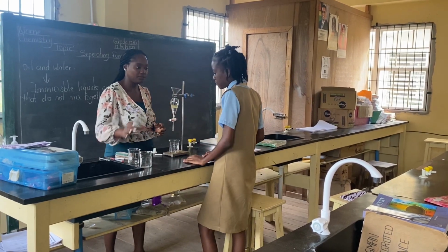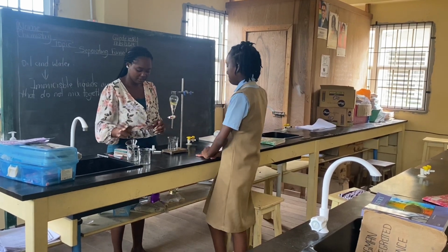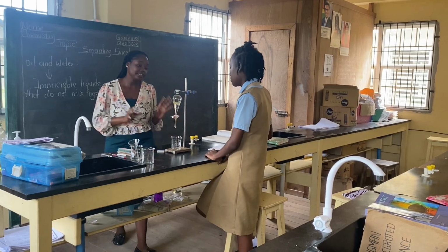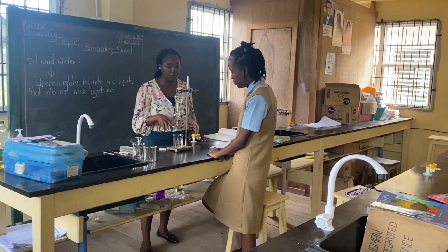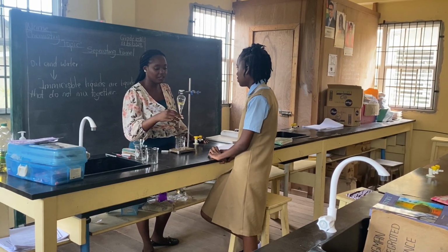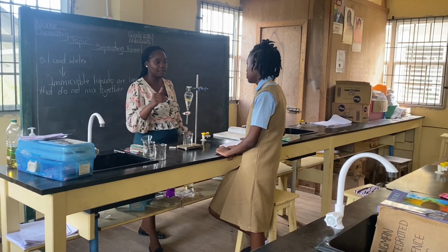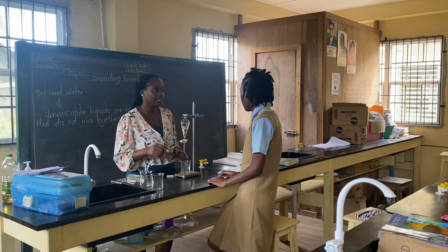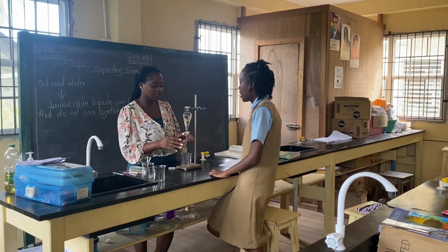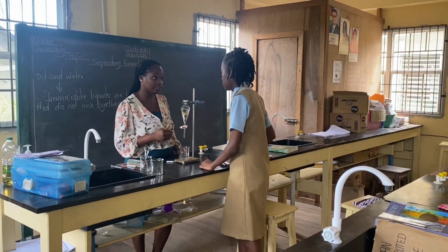So, then we remove our funnel, and then we have to close. So what we have to do is allow the mixture to settle for a while, because if you just mix it, we saw that it mixed again a bit. So we have to allow it to settle before we actually allow it to separate. Right? Now that our mixture has settled for a while, in order to separate our oil from our water, we are going to open our tap slowly, allow our water to drain, to run out.